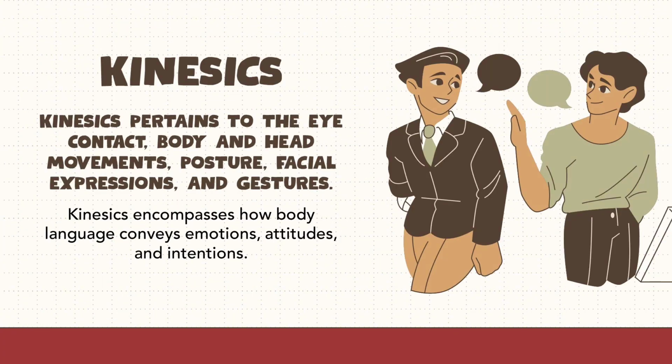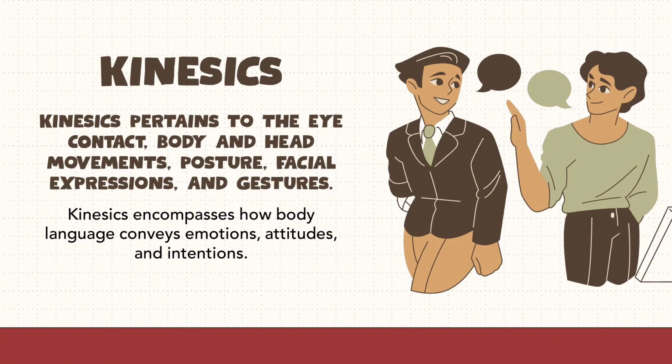First, let's have Kinesics. Kinesics pertains to the eye contact, body and head movements, posture, facial expressions, and gestures. Kinesics encompasses how body language conveys emotions, attitudes, and intentions. It is a nonverbal behavior related to the movement of any part of the body or the body as a whole.